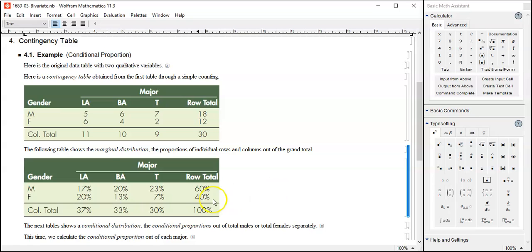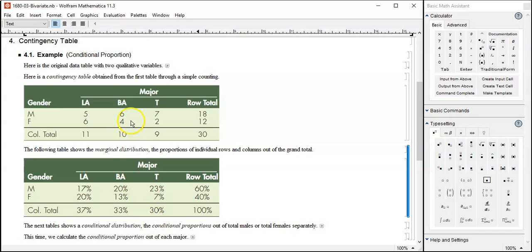So what do we have here? Total is 30, so that's 100%. And then there are 18 men and 12 women in this group, so 60% and 40% distribution. And as for major, 11, 10, and 9 students, so 37% liberal art, 33% business, 30% technology, and so forth.